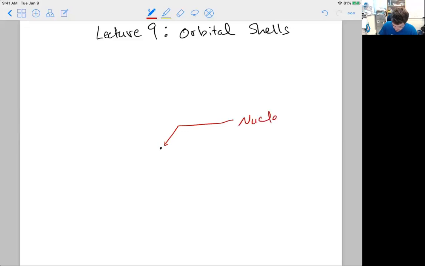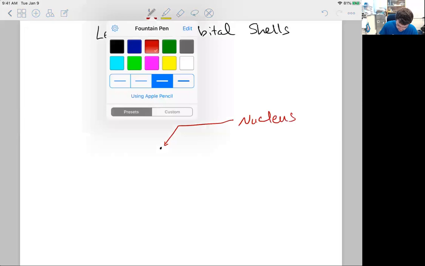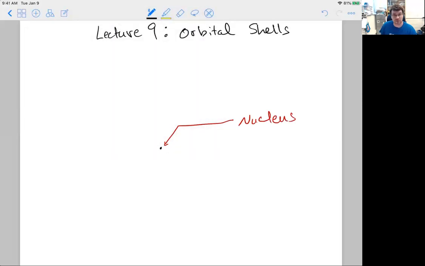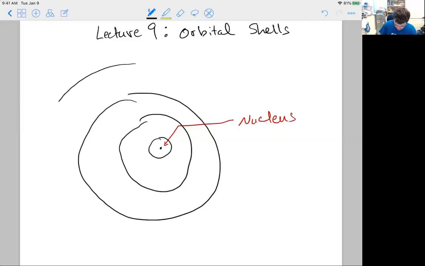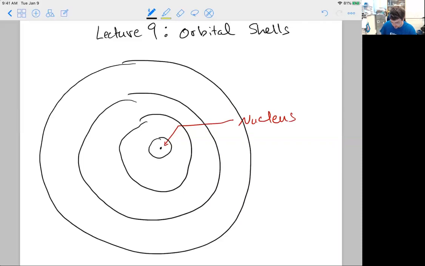It turns out that if you average the shape of the orbitals to maybe a sphere, you observe these onion-like shells that form around the nucleus, or these layers. And each of these layers is called a shell.